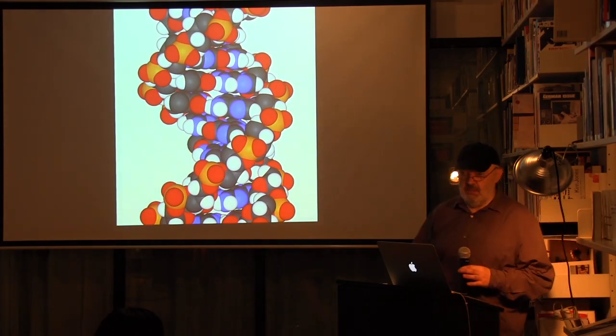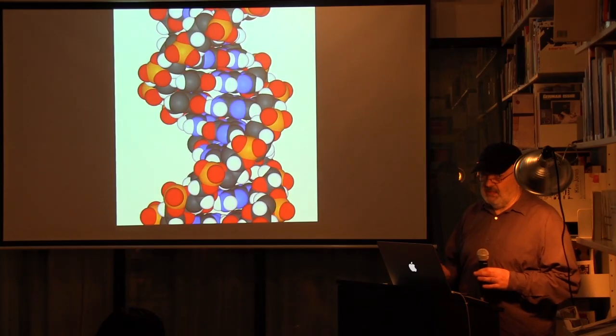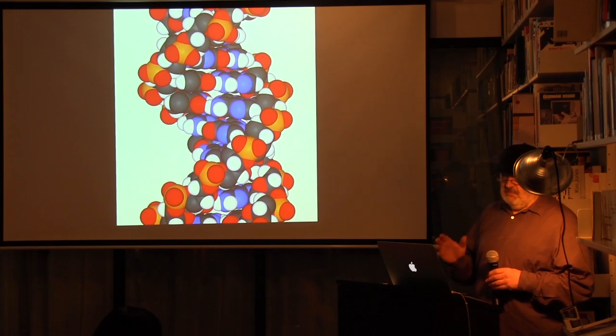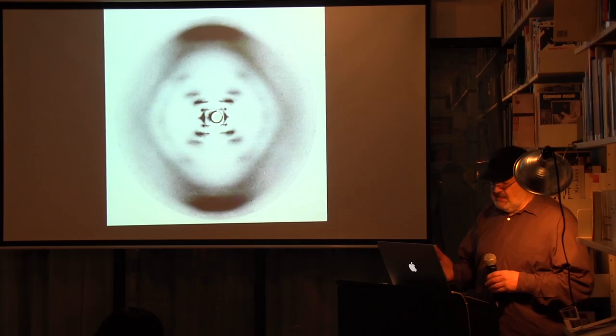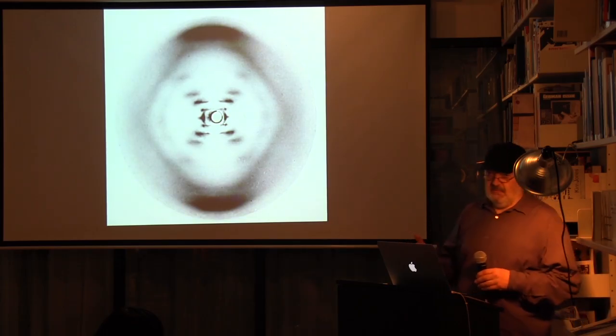But these are all models. This is not DNA. This is just an interpretation. Even the X-ray picture we can think of as an interpretation, but a more direct one. For many decades, this was the only picture of DNA.